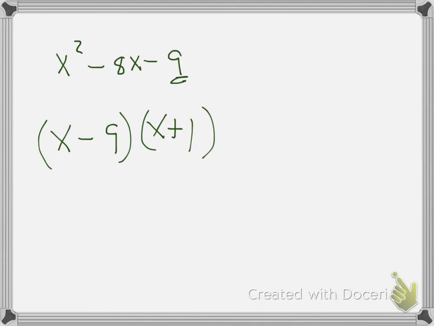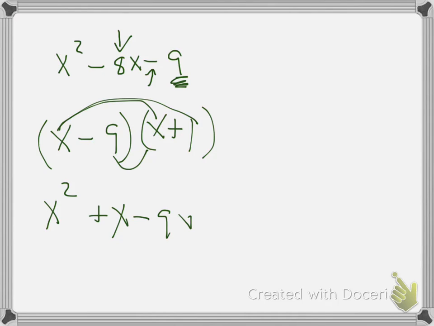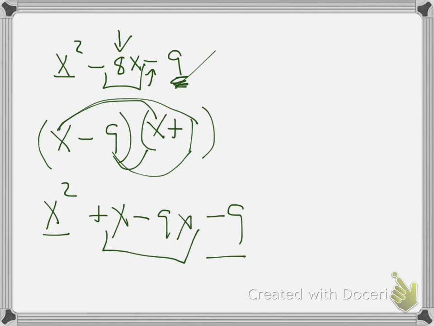Because we need two numbers that multiply to 9 and have a difference of 8. And if you're unsure if you did it right, you can always distribute it back real quick. X squared, x minus 9x is a minus 8x, minus 9. So we did that right.